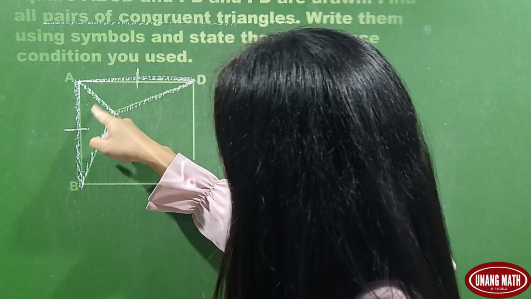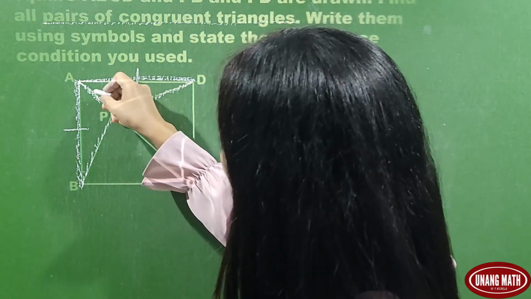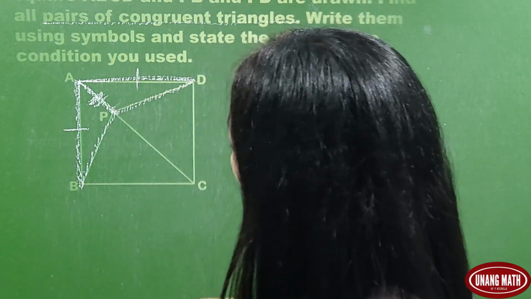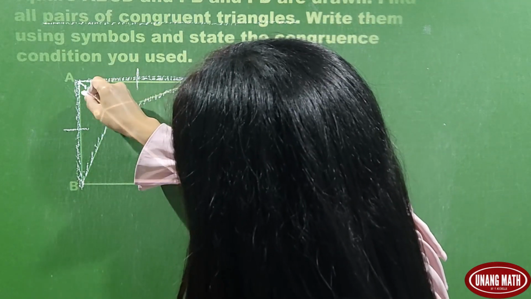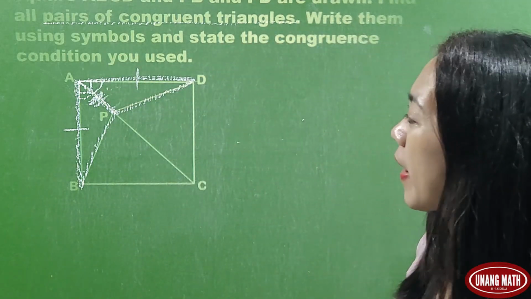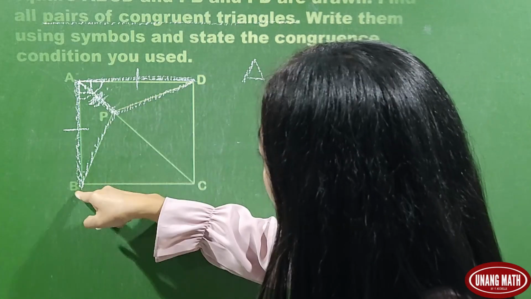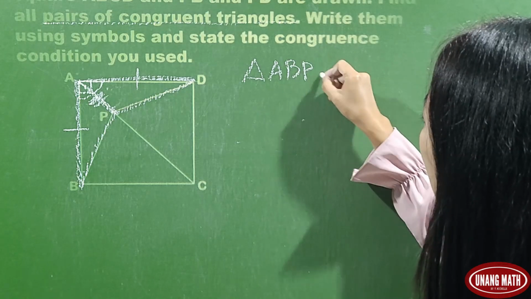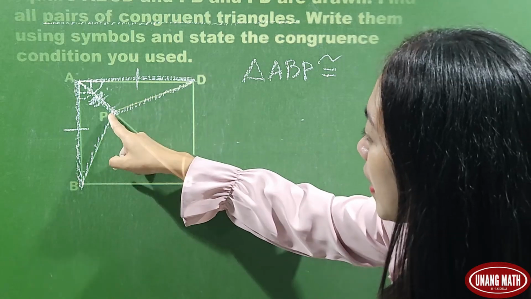And since these 2 triangles share this side AP, that means equal. This is a square, so this is 90 degrees, so this is 45, this is also 45. So we can say triangle ABP is congruent to triangle ADP.